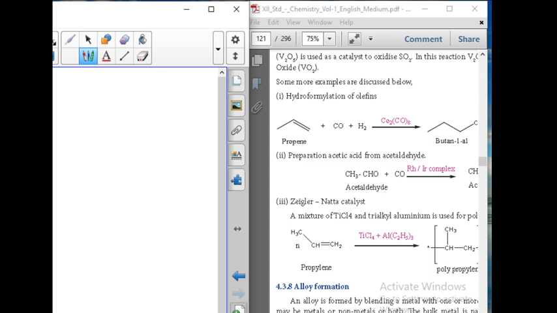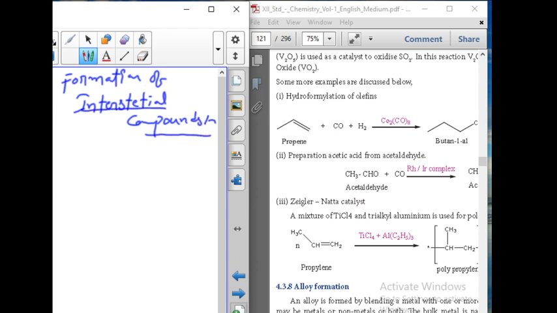And the next most important property for the d and f block elements is the formation of interstitial compounds. First of all, what is meant by interstitial compounds?